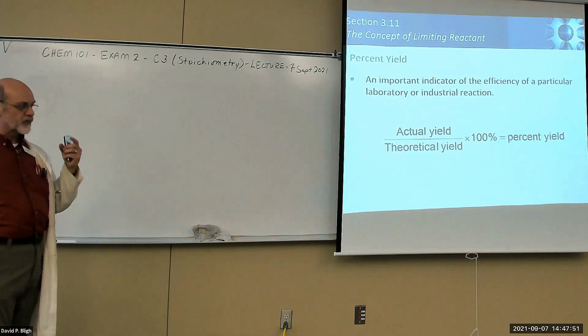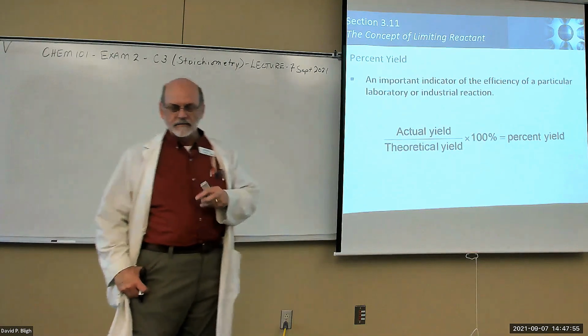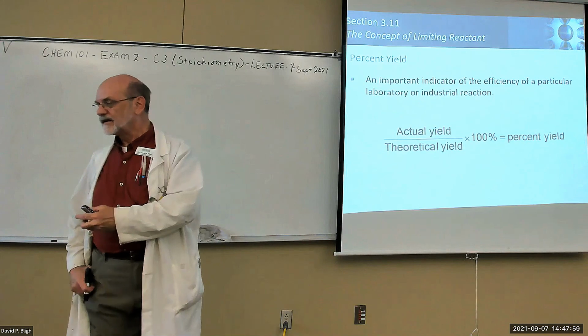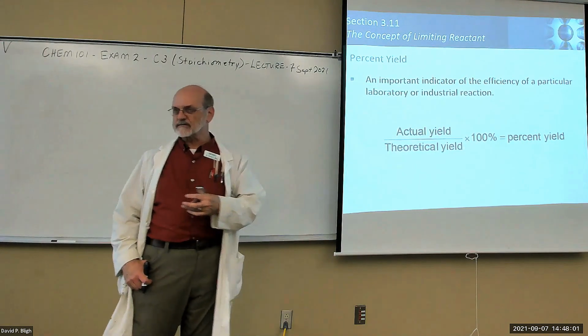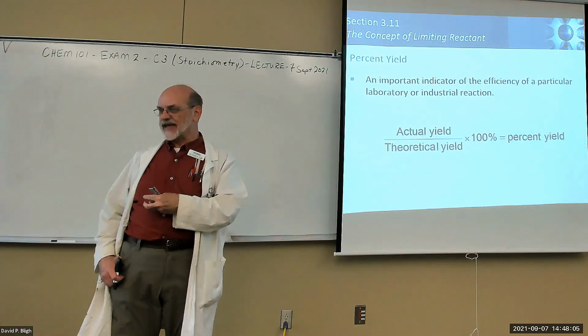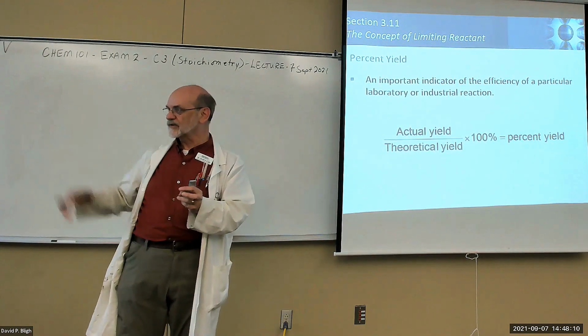But you also need to know percent yield, because in the real world, accidents happen. Spills, incomplete reactions, the reactor is dirty, side reactions that steal your reactants and send them someplace else.